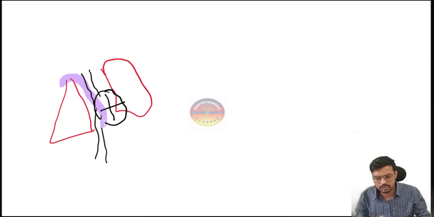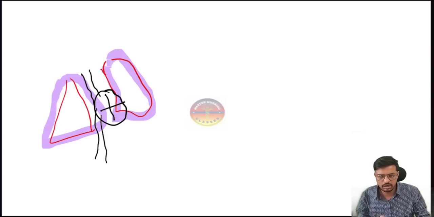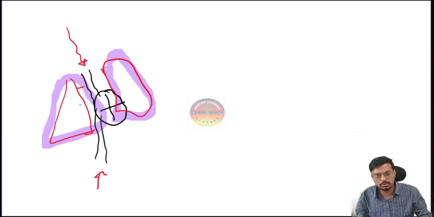These lungs expand like this. If we give more positive pressure ventilation, it will compress our superior vena cava and inferior vena cava also. These are the two very important major vessels bringing the blood back to the heart. Because of the increased intrathoracic pressure, there is pressure on the superior and inferior vena cava.